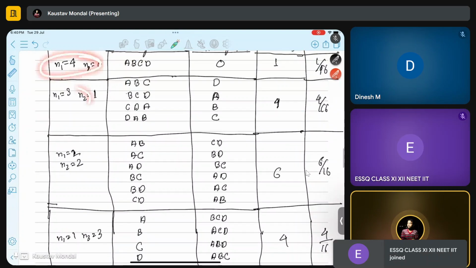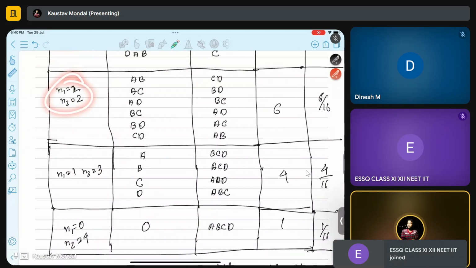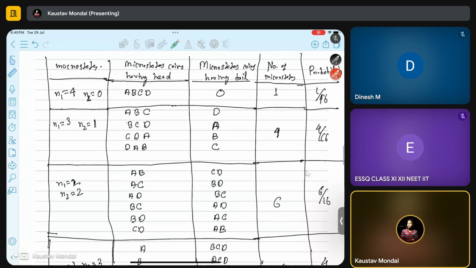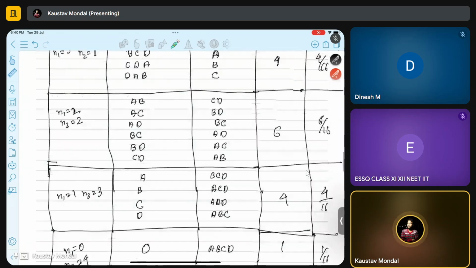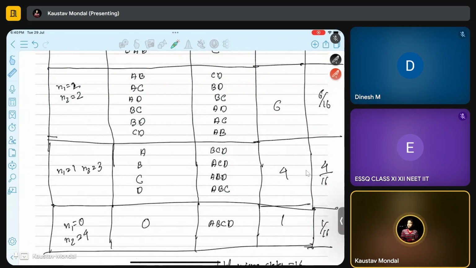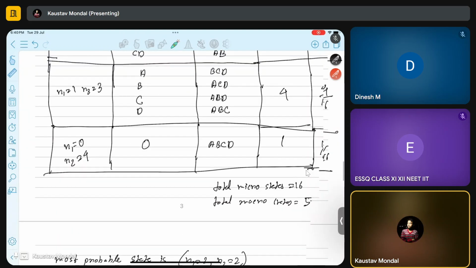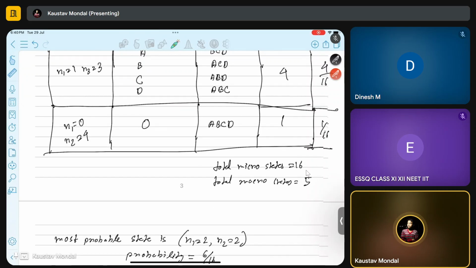These possible ways give you the macrostates. Either all can be heads, or 3 can be heads and 1 tail, or 2 heads and 2 tails, or 4 of them can be tails.